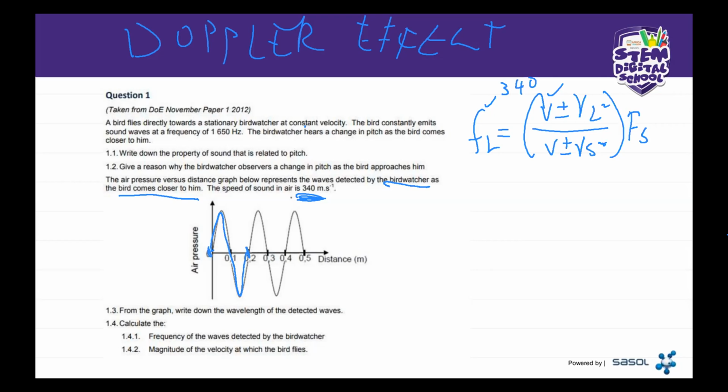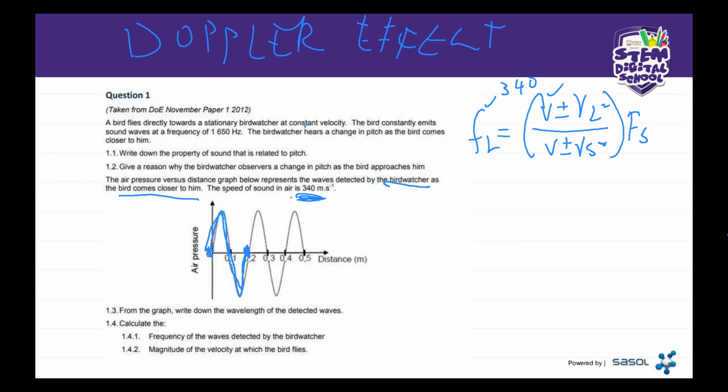So there you have your wavelength. It goes from there all the way to there. So this is one wavelength.